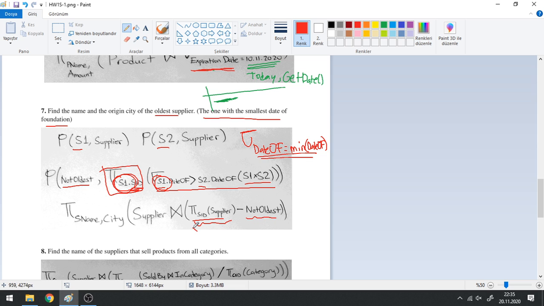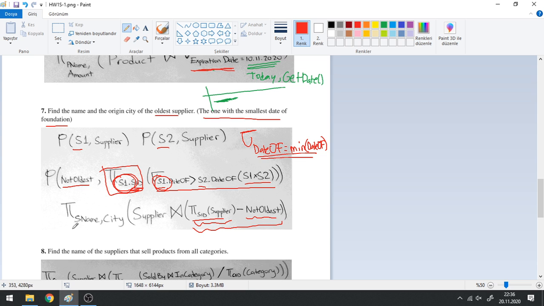I get the difference, set difference operation. And since I get rid of the ones that are not the oldest, the remaining ones would be the oldest. So it could be multiple things, right? With the same smallest date of foundation, there could be multiple oldest suppliers, or it could be just one. It doesn't matter as long as we do these operations right.